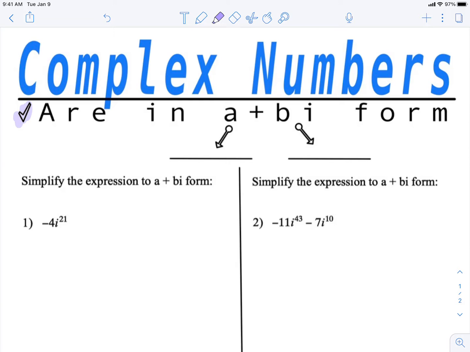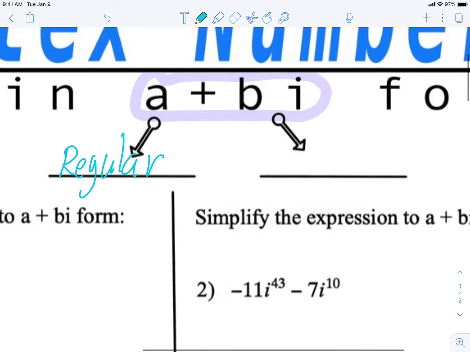Check mark number 1 says, okay, complex numbers are in A plus BI form. All that means is the A is a regular number, right? It could be a negative or a positive. It's just a regular number. It doesn't have an I in it. No I, right?